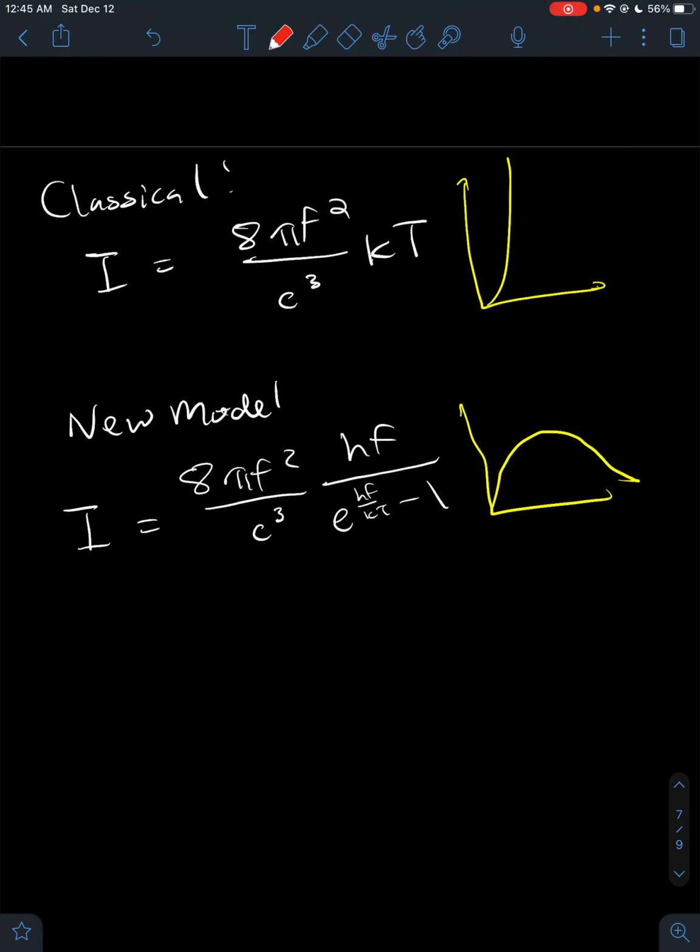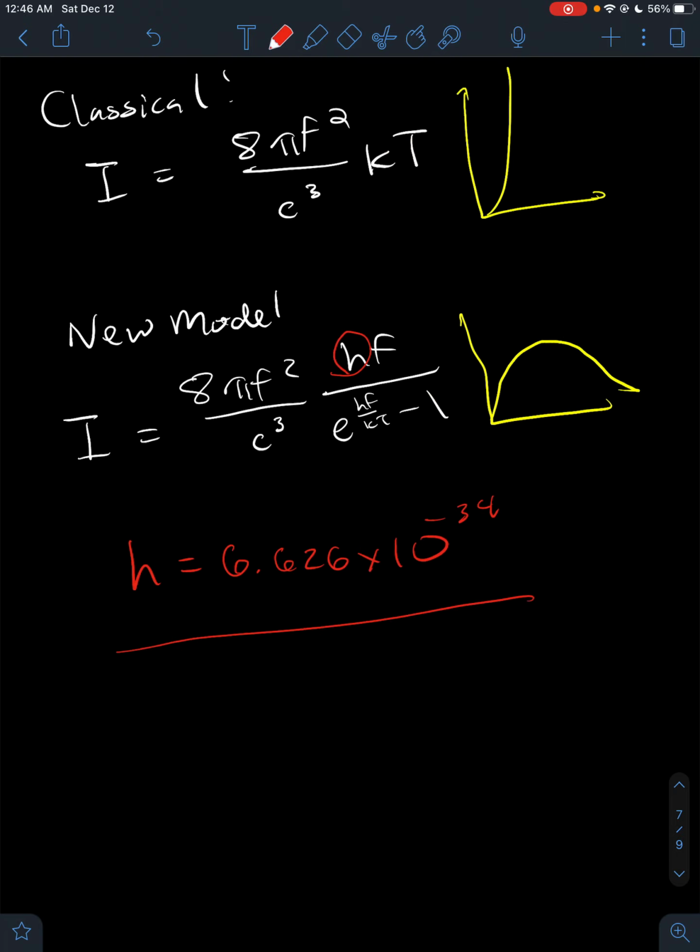Now, what's so different about the second term? Well, now we have a new number, h. H is just a constant, like Boltzmann's constant. H equals 6.626 times 10 to the minus 34th. It's a very small number.